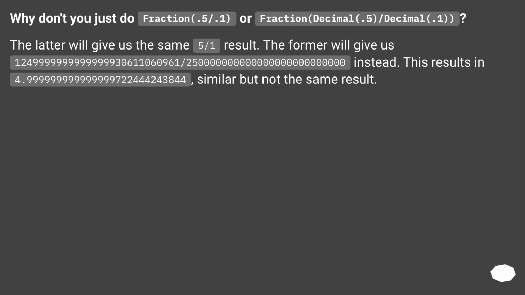The former will give us 1.249999999999999930611 times 10^-? instead, 250 septillion, and this results in 4.999999999999999722444243844, similar but not the same result.